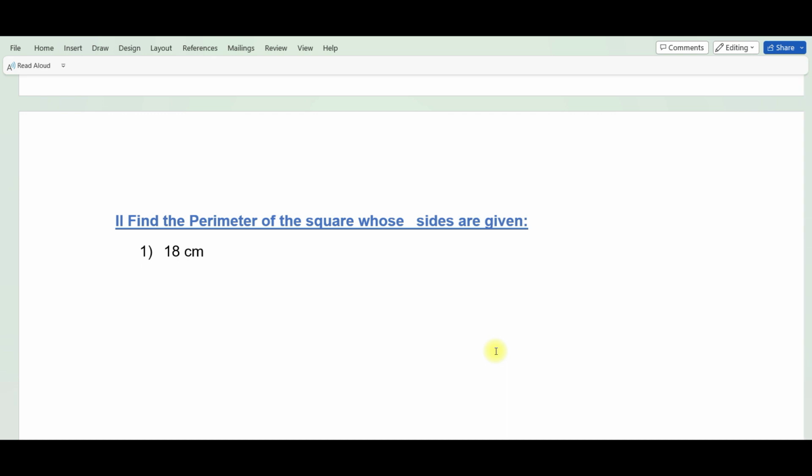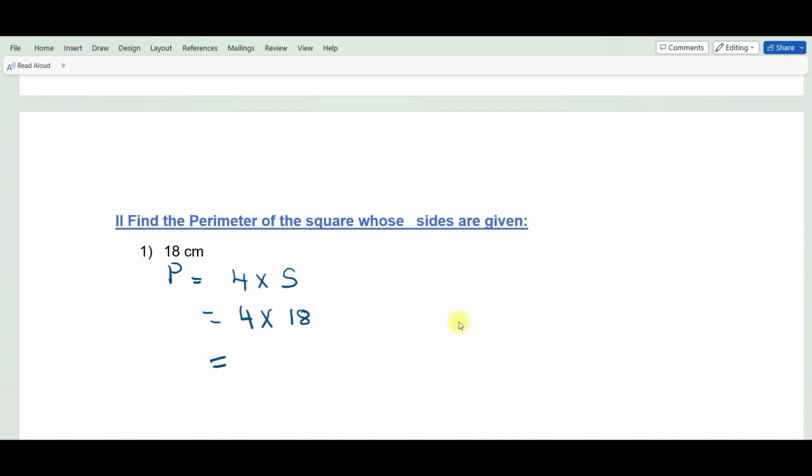So now we know the formula for this, that is for a square all the sides are equal. So here the perimeter of a square would be 4 into s. So I have the side being given as 18, so I simply multiply this with 18.